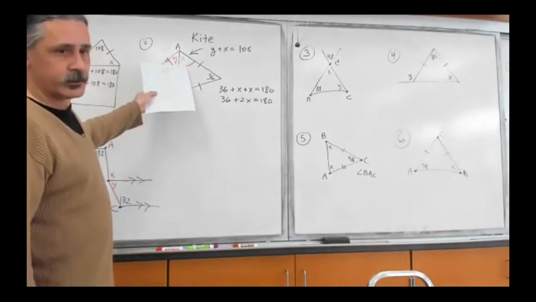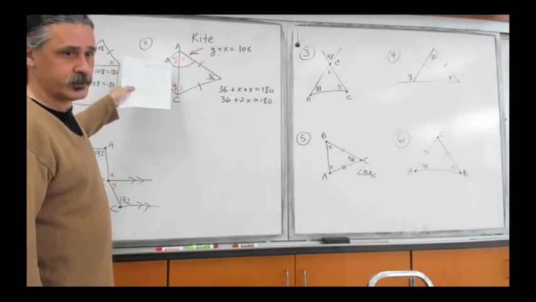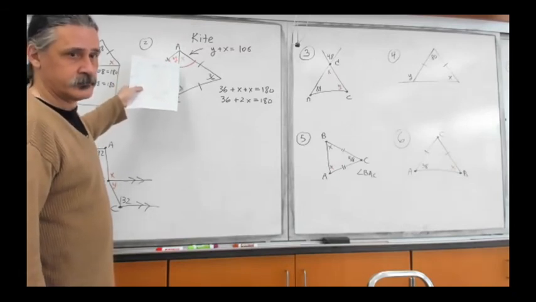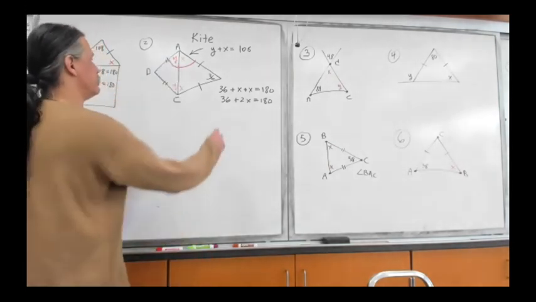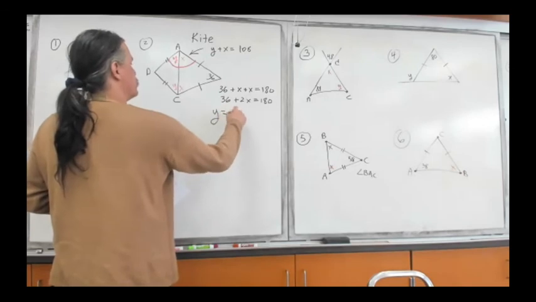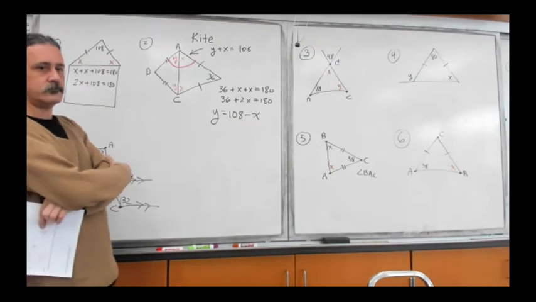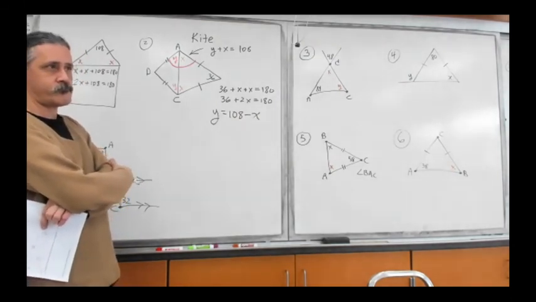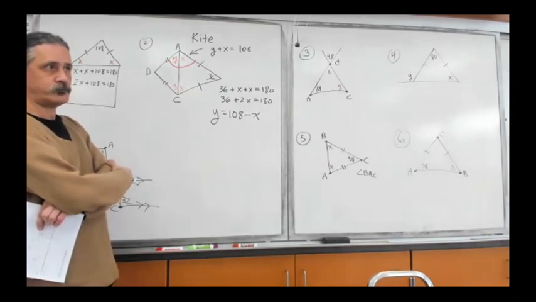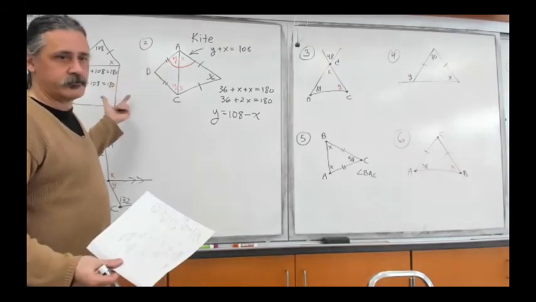Now, once we know what the angle I'm labeling x is, since we know these two angles combined to be 108 according to the problem, we can find y by subtracting the x from 108. So y equals 108 minus the x. Okay. And if we just wanted y, we're done.